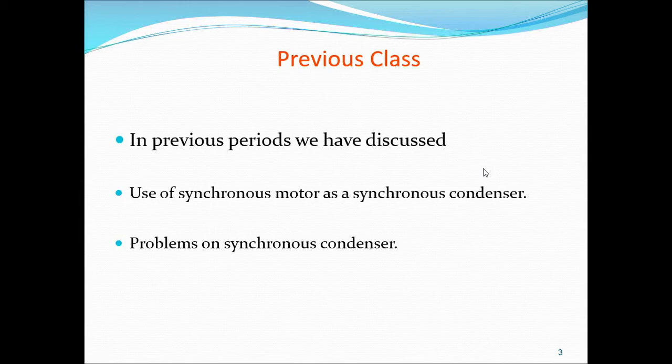Again, if we put the load at 1/4 load and change the excitation, note down the armature current and draw the curve, we get again a V curve at 1/4 load or half load. Similarly, if you change the excitation, the power factor also changes.